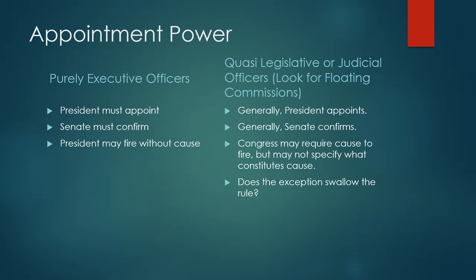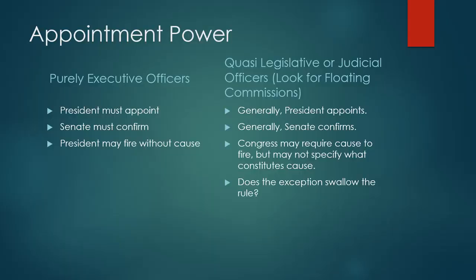Now, Congress doesn't have to require cause, right? But Congress may require cause for the president to fire a commissioner, right? A quasi-legislative or quasi-judicial officer of the United States who's, again, in any fact pattern, it's going to be some kind of commissioner. So Congress doesn't have to require cause, but it may. However, it may not dictate to the president what constitutes cause, because the court says that's an executive decision.